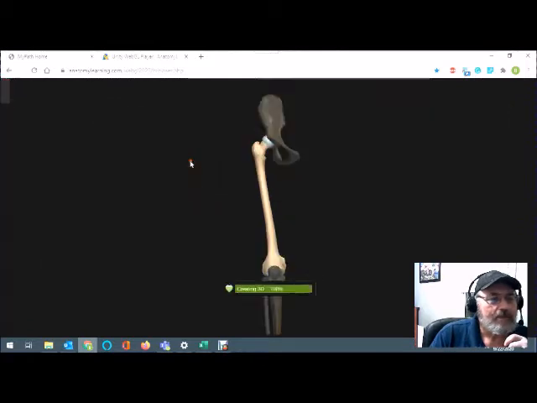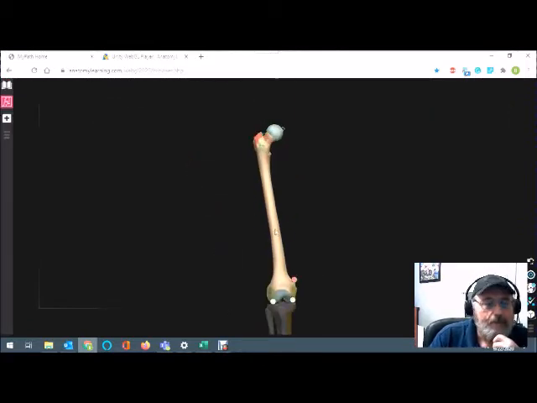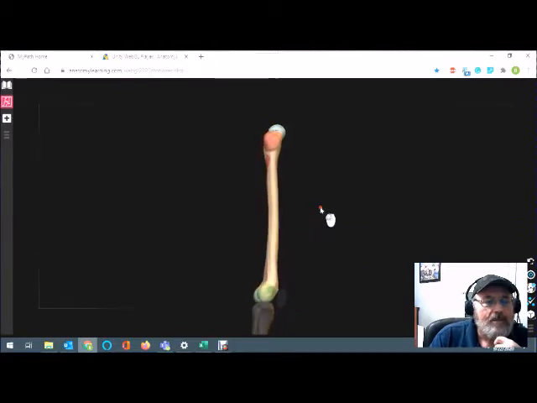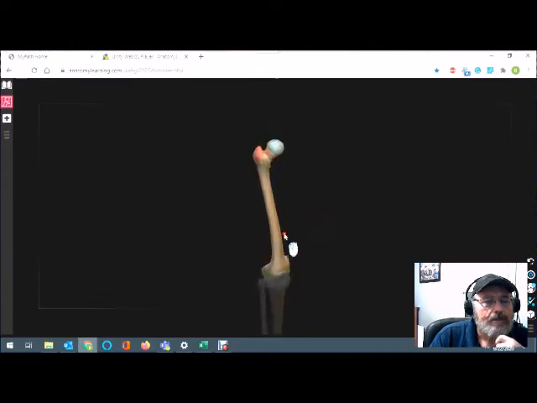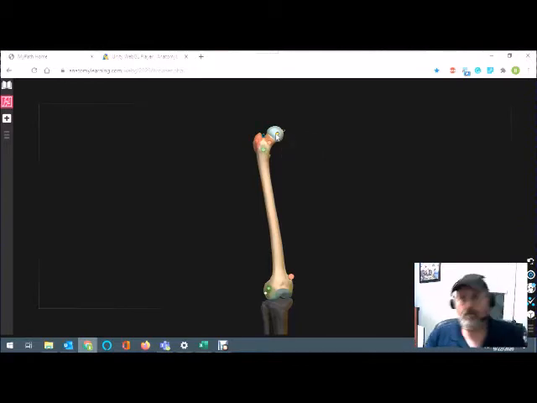So let's take a look at the specific markings associated with this bone. And you can see, rotate it here, it's got a structure here which is the head. And that is covered with cartilage, and it articulates with the acetabulum of the coxal bone.